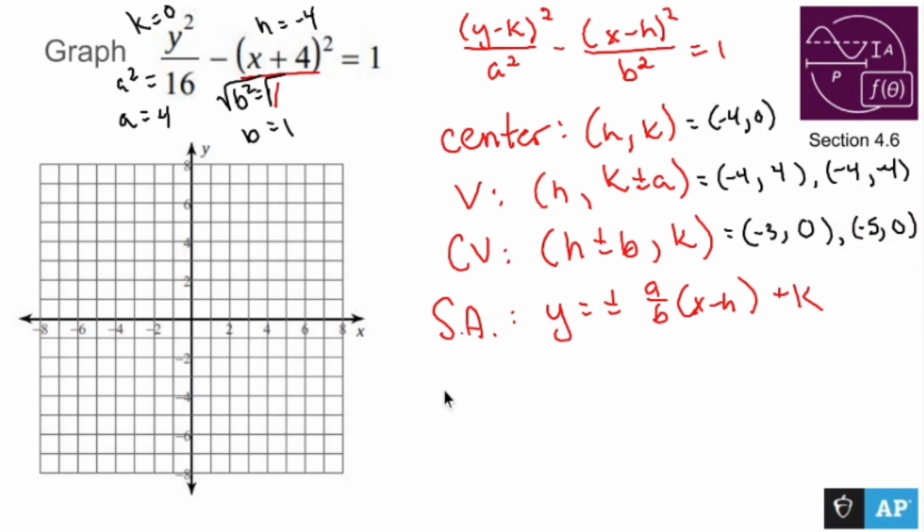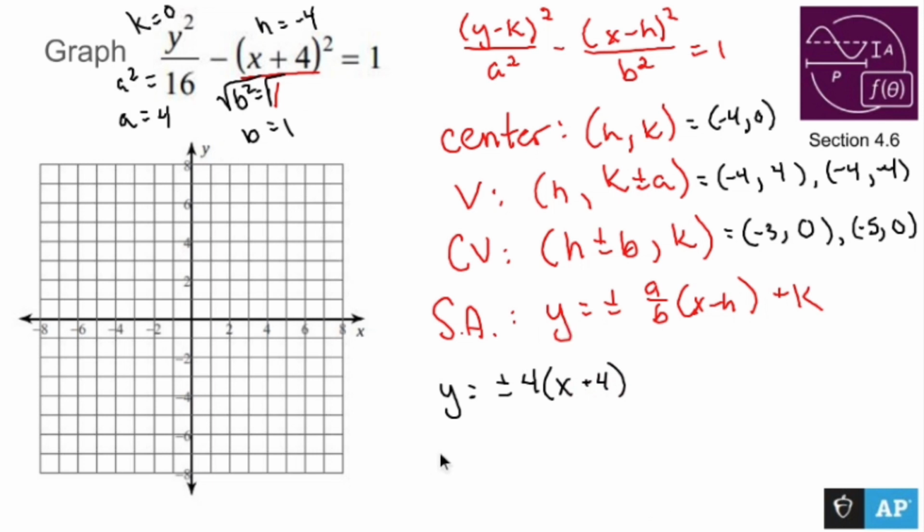My slant asymptotes are going to be the equation y equals plus or minus a over b, which is 4 over 1, so 4, times the quantity x minus h, so x minus negative 4, x plus 4, close it, and then plus k, which is plus nothing.